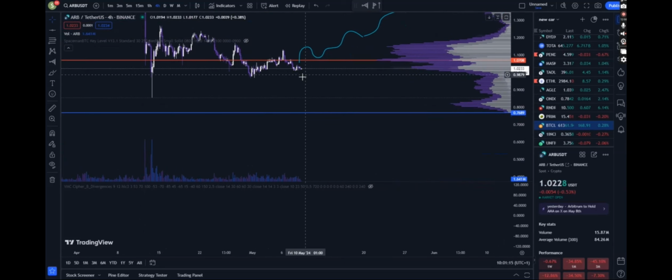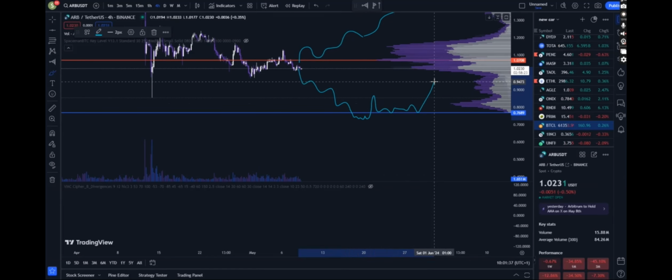And we are getting another area here again where we want to see it's in the point of control at the minute. If it does drop into this area and comes outside the area and you get consolidation and it comes back up, retest, and then a big push off.